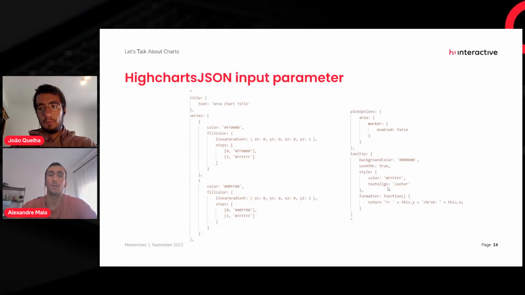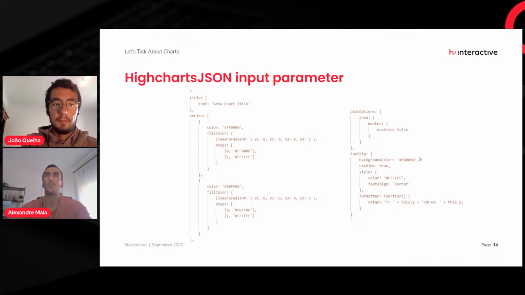And so I set the text align to center, and the color is white. So you will have a white text on a black background on this tooltip. And I also formatted the tooltip saying that I want this content plus the Y value for the point, then we break line, and then we have the X value for that point.